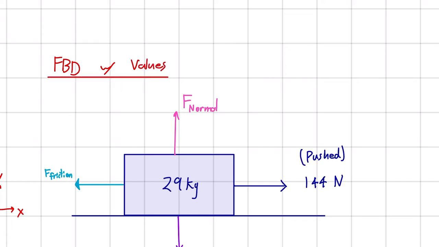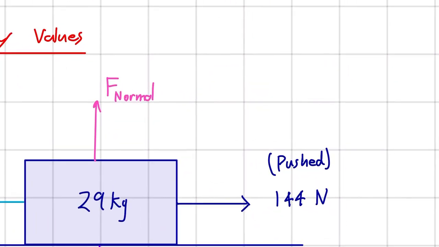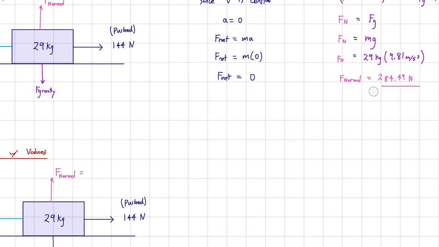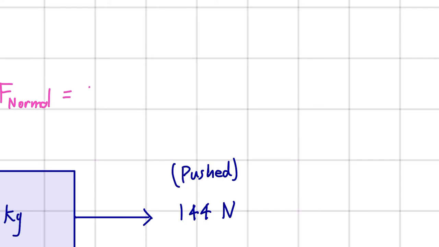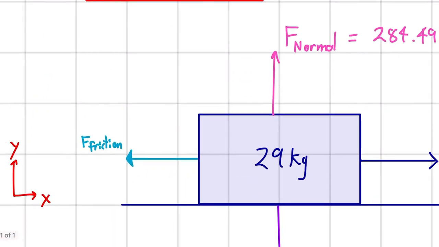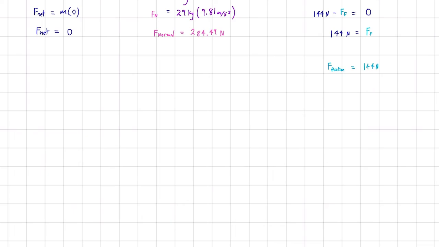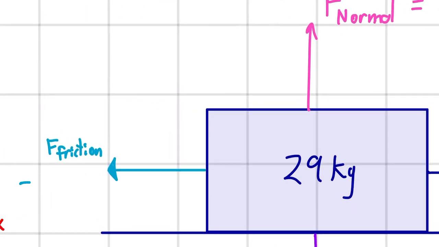So I'm going to be adding the values that we have calculated. So the normal force, remember we calculated 284, and the decimals were 0.49 newtons. Remember the force of friction we found was 144. So it's equal to 144 newtons.